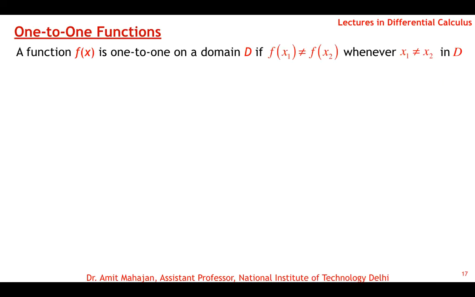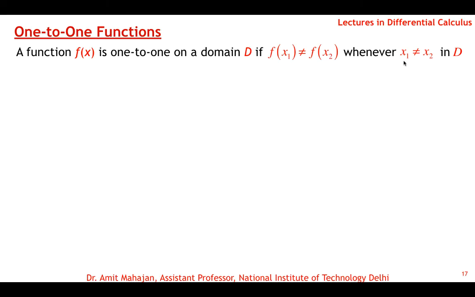Finally, I define one-to-one functions, and then I will give you the definition of inverse. So a function f of x is one-to-one on a domain D if f of x1 is not equal to f of x2 whenever x1 is not equal to x2 in the domain.